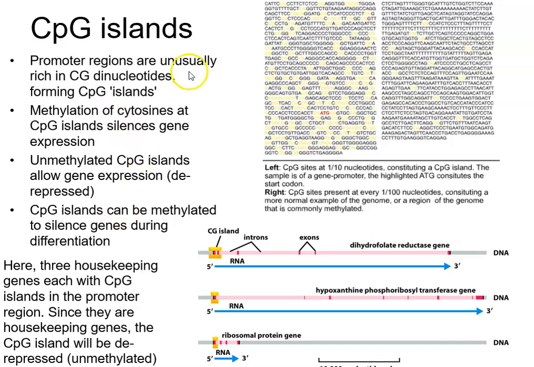So this here just shows a region of DNA from the promoter region of a gene, and this shows a DNA sequence from a random bit of DNA. And all of the CG dinucleotides are highlighted in yellow, and here in red is the ATG start site, which is the translational start site.